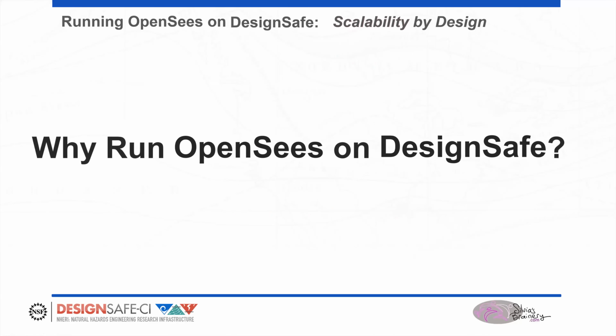So why run OpenSees on DesignSafe? That's the very first question I've asked myself many times, because I ran a project a while ago where I had to do millions of analyses, and I did them on DesignSafe. But my daily OpenSees work is always done on my desktop. In the last few months, as I've been getting to know DesignSafe inside and out and working with them, I am really finding a lot of positive answers to why we would run OpenSees on DesignSafe.